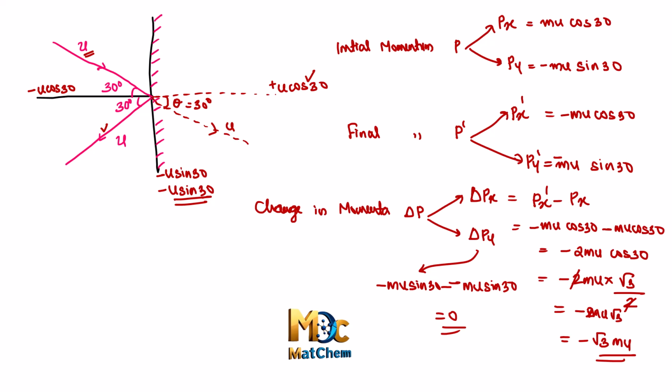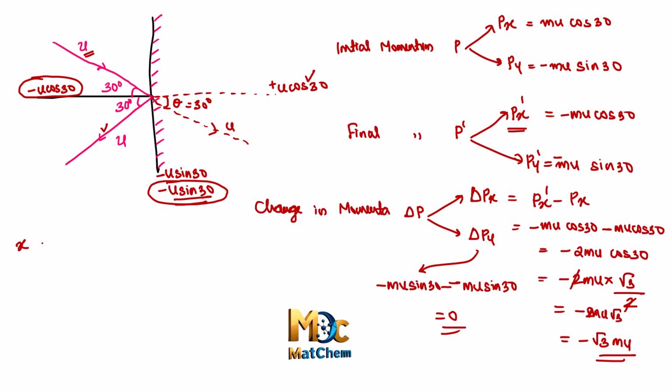Please understand, when you consider the final motion after collision and resolve it, you will get the x component of velocity as minus u cos 30 and the y component of velocity as minus u sin 30. So the x component of momentum will be minus mu cos 30 and the y component of momentum will be minus mu sin 30. Clear? So we found that the change in momentum along the x-axis is minus root 3 mu and along the y-axis is equal to 0.